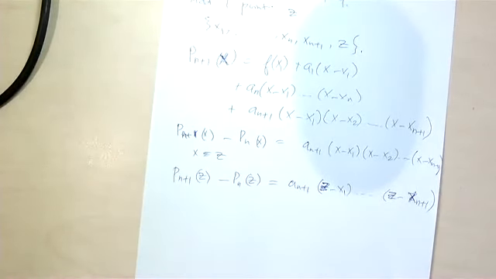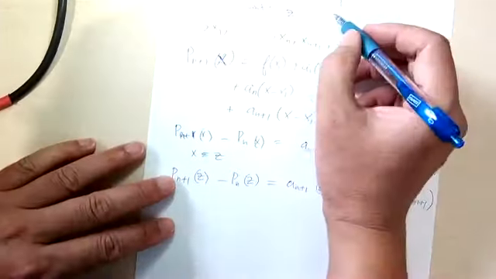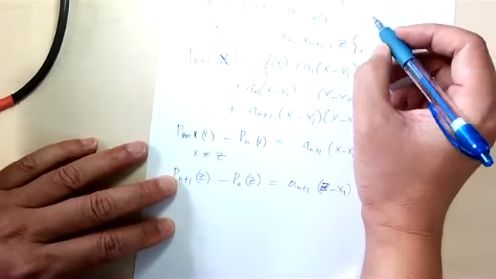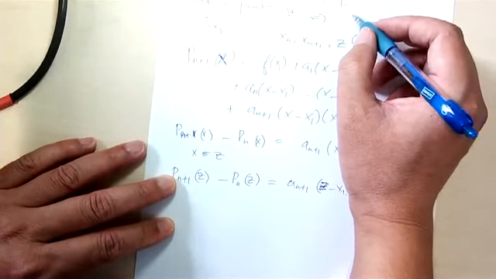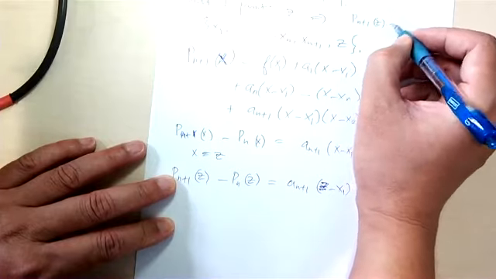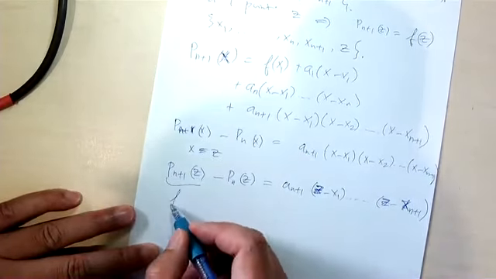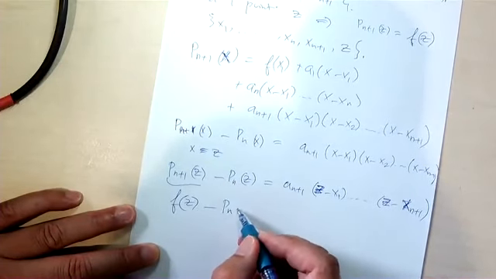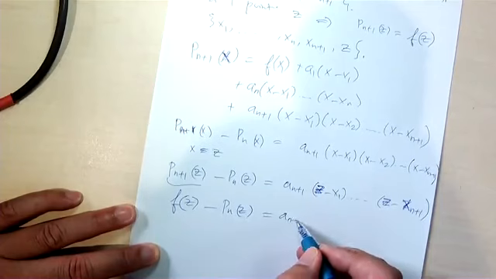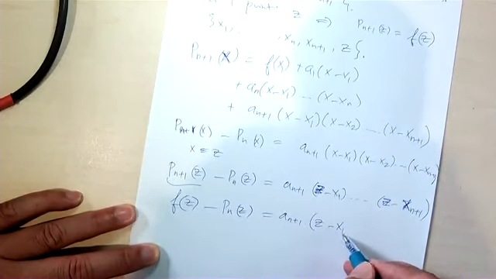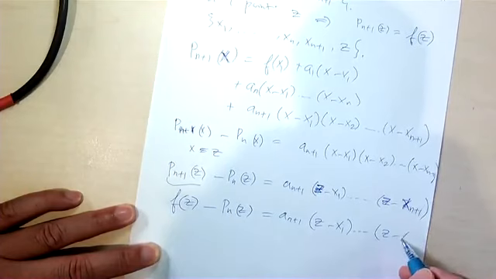So far so good? But now, remember, when we add one point z, this is an interpolation point. So we want Pn plus 1(z) equal f(z), because in interpolation we want the polynomial to equal the value of the function. And so this one is just f(z) minus Pn(z) equal an plus 1(z minus x1) up to (z minus xn plus 1).